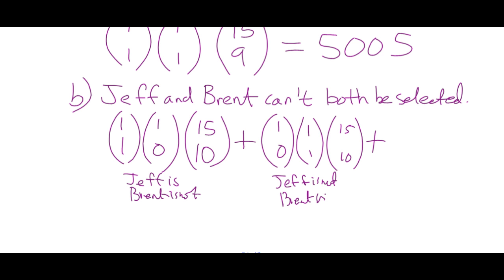Or, there are 2 players, Jeff and Brent. We're not going to choose either of them, right? So we can go 2, choose 0. Or you could go 1, choose 0, 1, choose 0. Whatever you like. And then what's left? How many players are left from which to choose? 11.